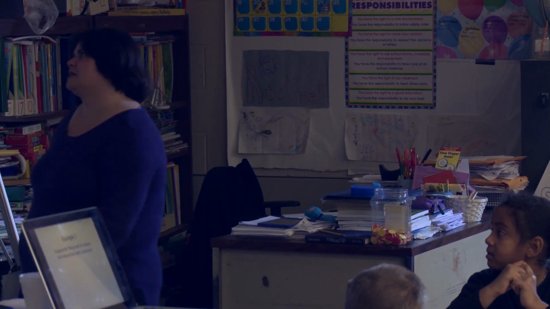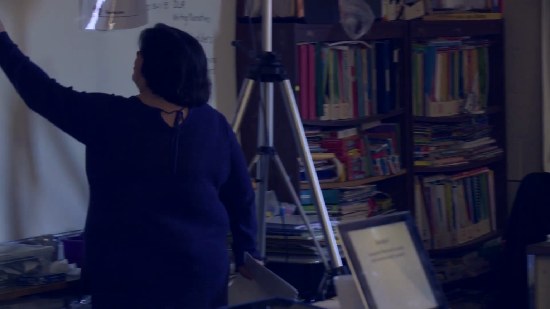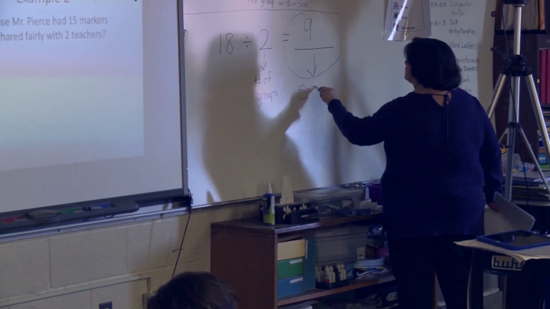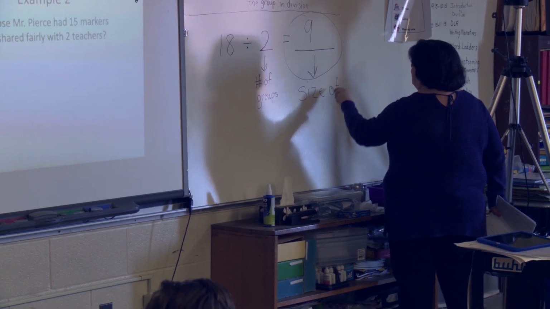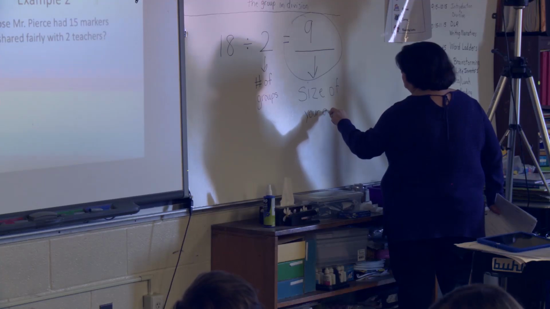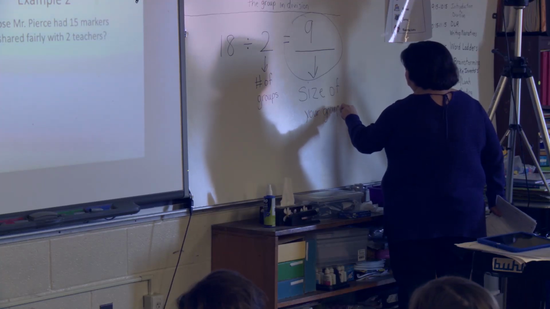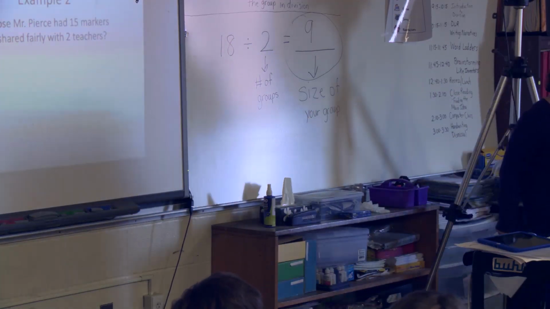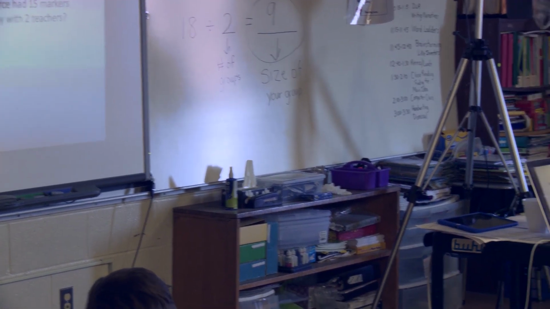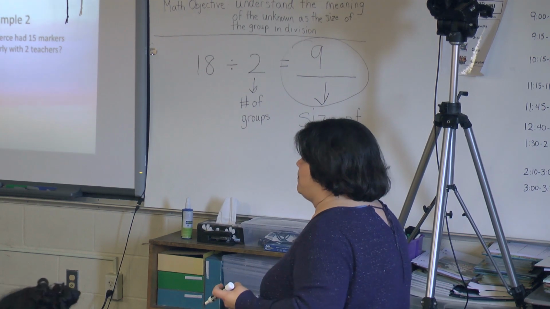Size. The 9, your unknown factor here, your answer is the size of your group. In this case, right? The number in each group. Okay? I want you to just keep that in mind. In this problem, that's what that means.